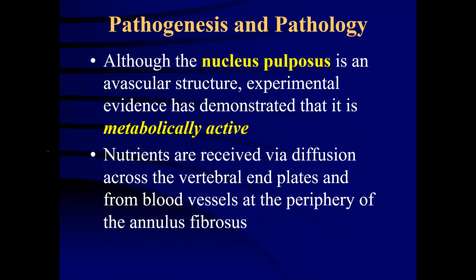Although the nucleus pulposus is an avascular structure, experimental evidence has demonstrated that it is metabolically active. Nutrients are received by diffusion across the vertebral end plates and from blood vessels at the periphery of the annulus fibrosus.